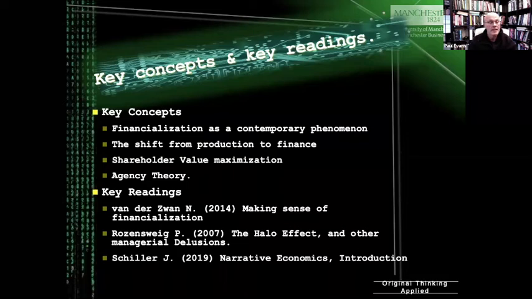And that relates to this thing that we've called agency theory. Agency theory is, how do owners of companies get managers to work on their behalf? So if I'm the owner of a company and you guys all work for me, how do I get you to work for my benefit rather than your own benefit? One of the ways we do that is to give the senior managers shares.